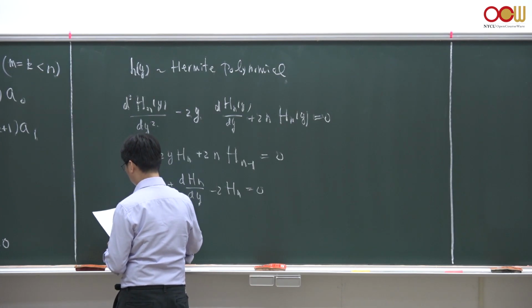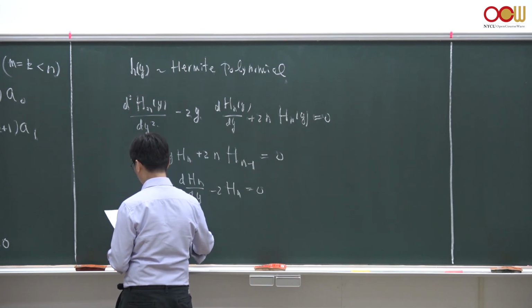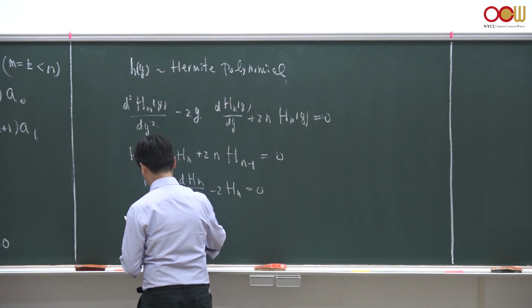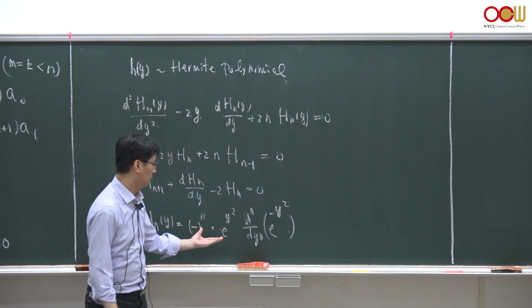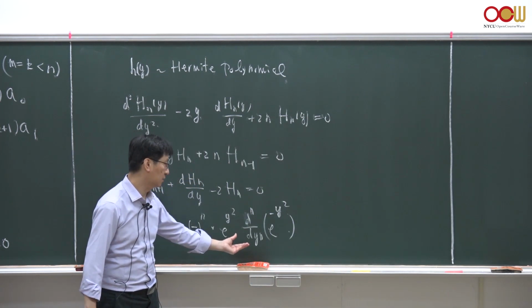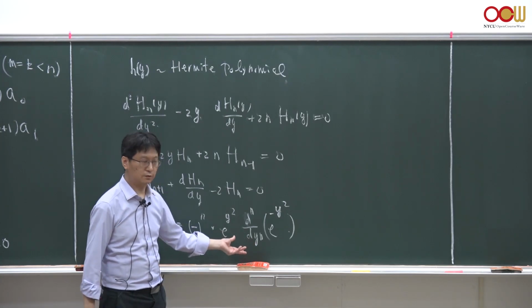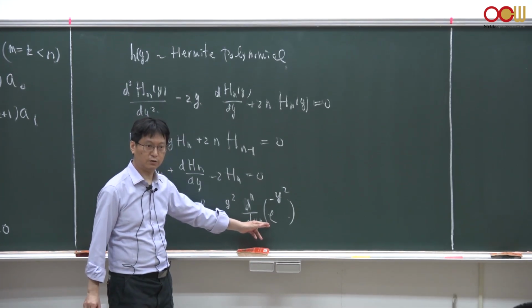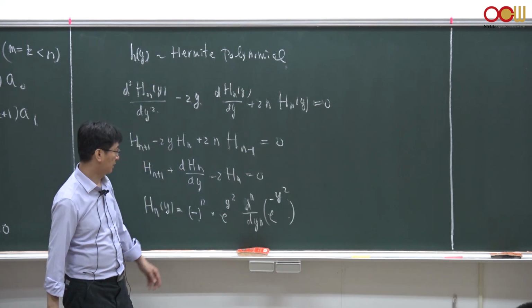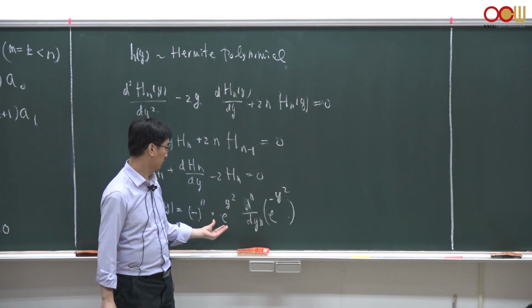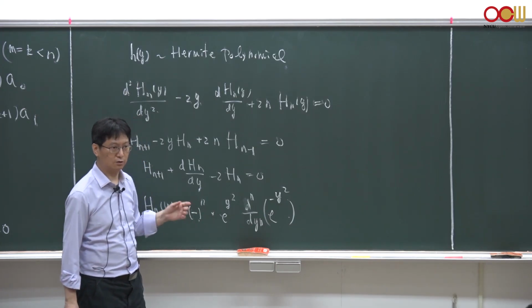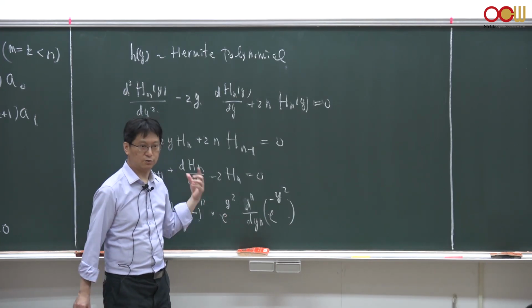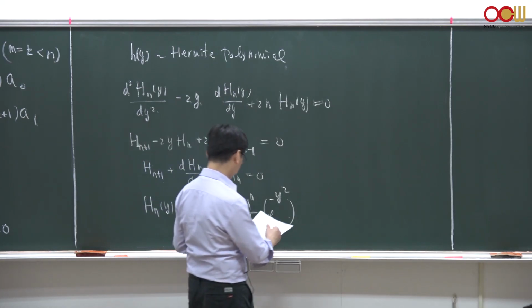In general, this hn of y corresponds to those terms. You can see that even though this Hermite polynomial is written as an exponential function times the nth derivative of the exponential function e to the minus y squared, at the end the two exponential factors may cancel out, and you get a finite number of terms.